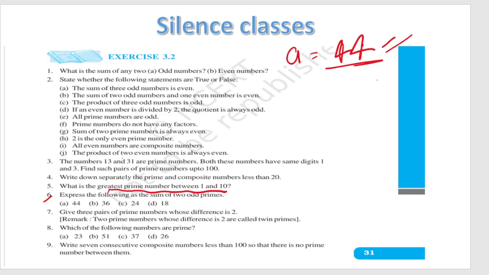So what you can do, let's take 41. 41 is also a prime number. 41 plus 3, and 41 is an odd number and 3 is also an odd number. It comes to 44.